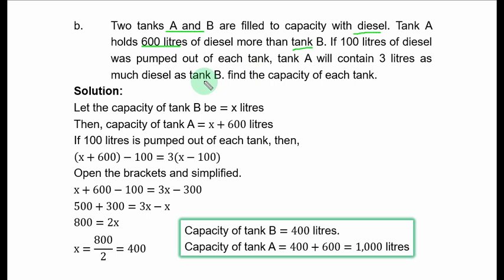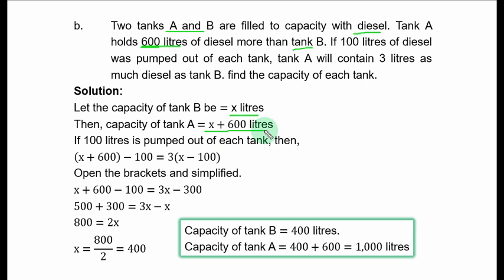From the question, tank A holds more than tank B, and the value there is by 600. So you have to start with knowing the capacity of tank B and let it be S liters. Since tank A holds more diesel than tank B by 600, it means capacity of tank A is equal to S plus 600 liters.